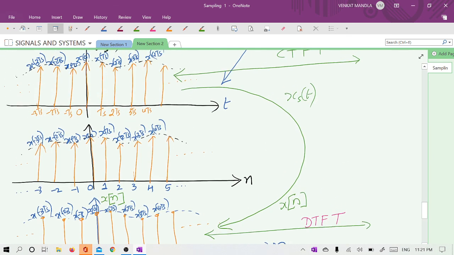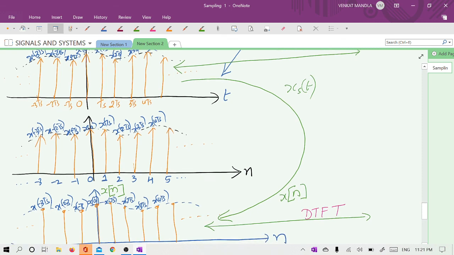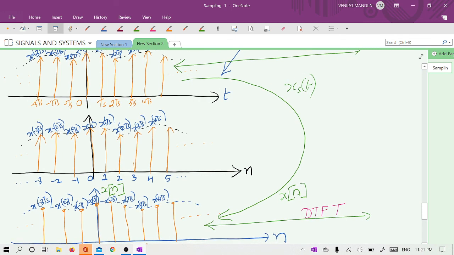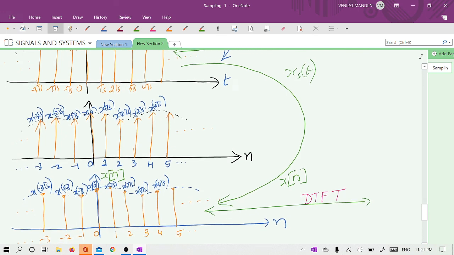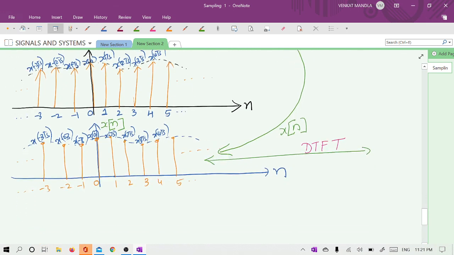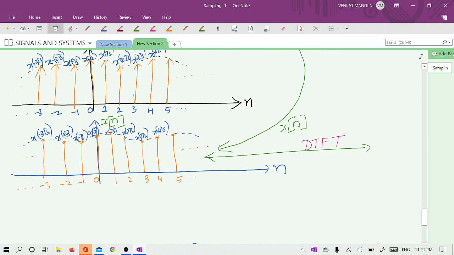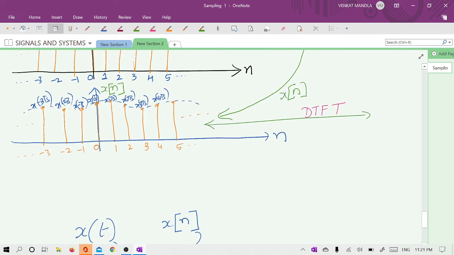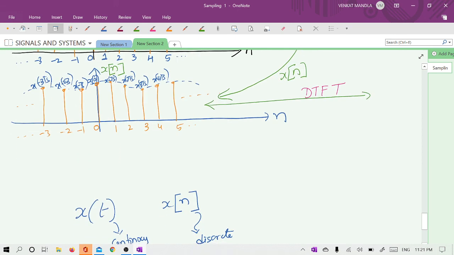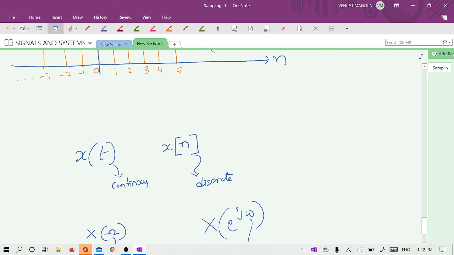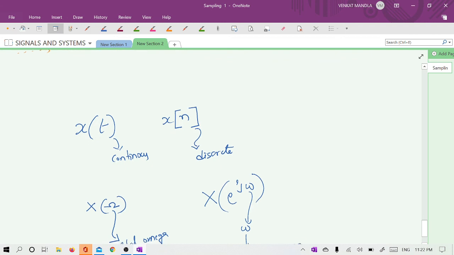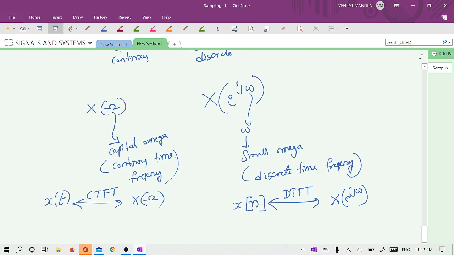So from these two, we can derive a relation between the continuous time Fourier transform and the discrete time Fourier transform. That is also important. I will derive each and everything in the next lecture. So I'm going to stop. Thank you.